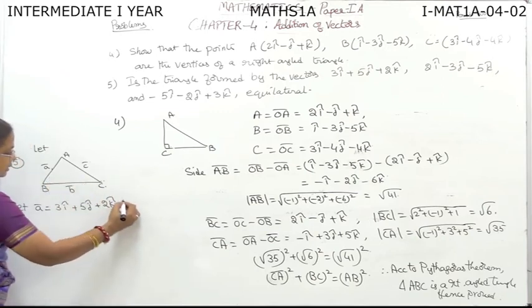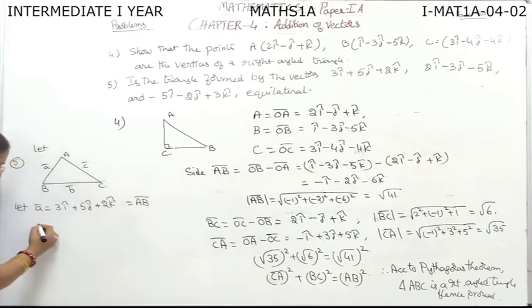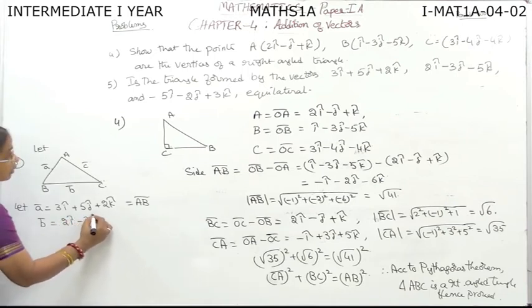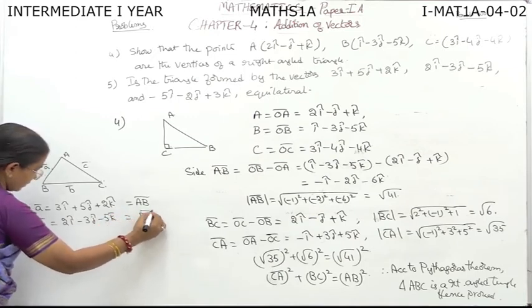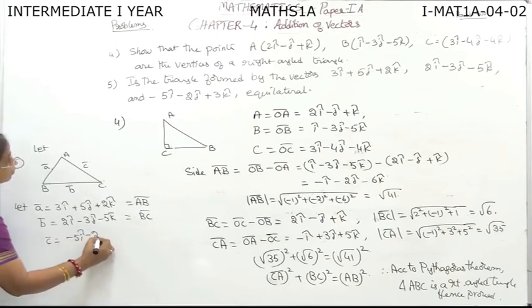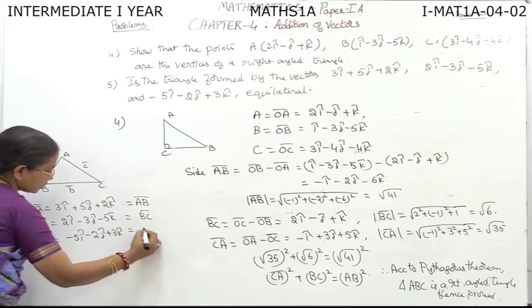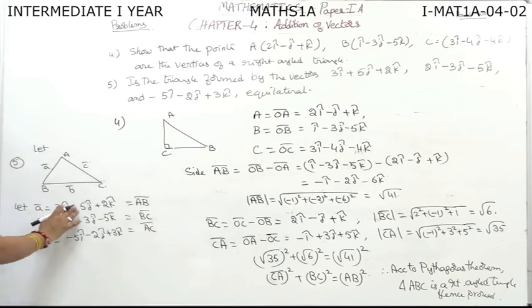So this is the side AB. And then B is equal to 2i minus 3j minus 5k. So this is the side BC. And then next C is minus 5i minus 2j plus 3k. So this is the side AC or CA.